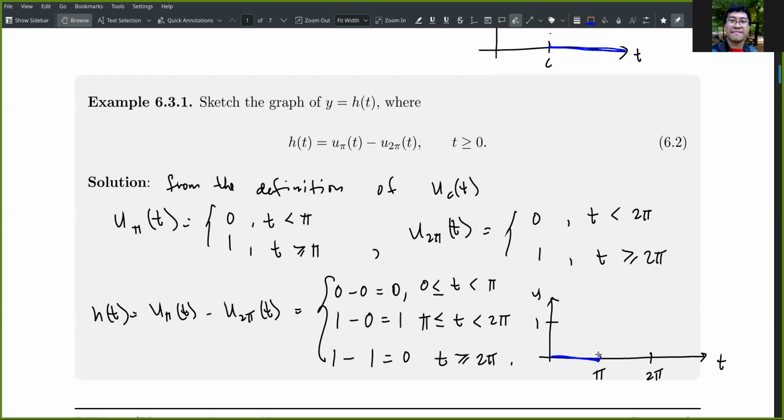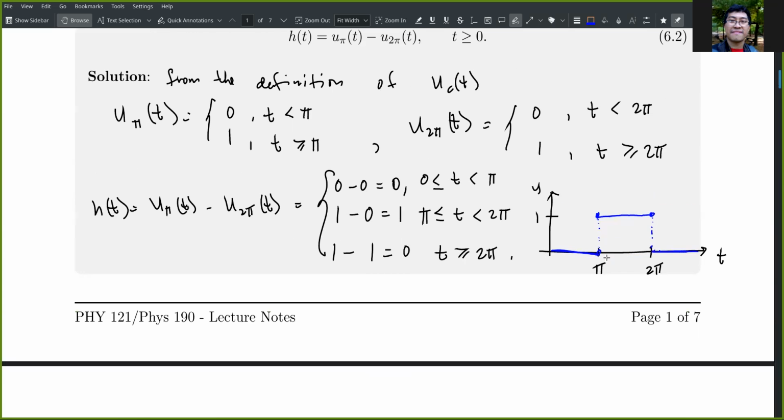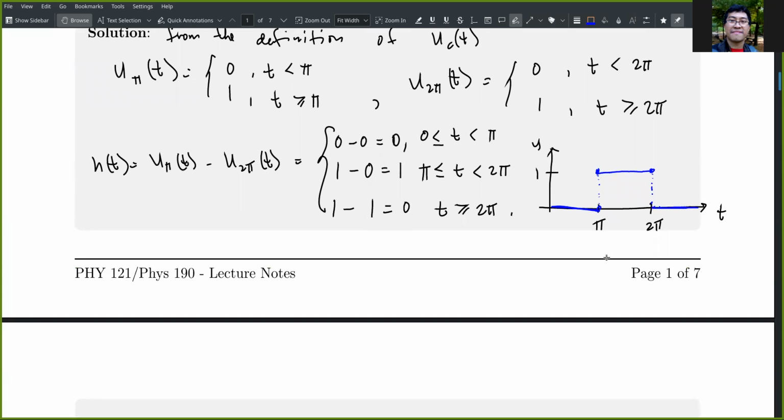It jumps up to 1 from pi to 2 pi, excluding 2 pi, and then goes back down to 0. It's like a rectangular step function.